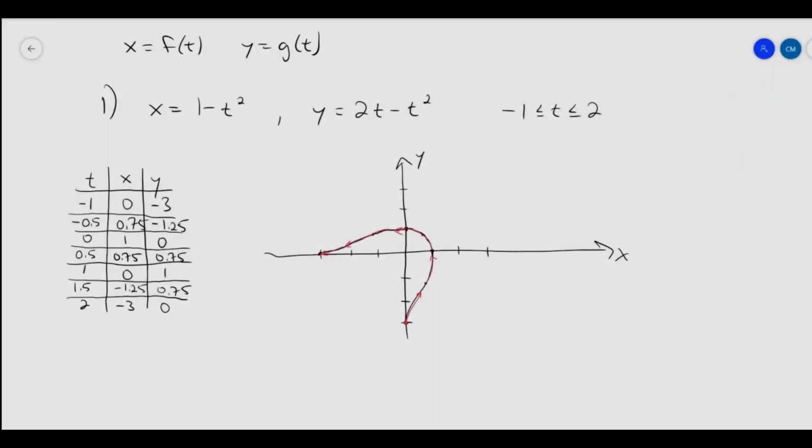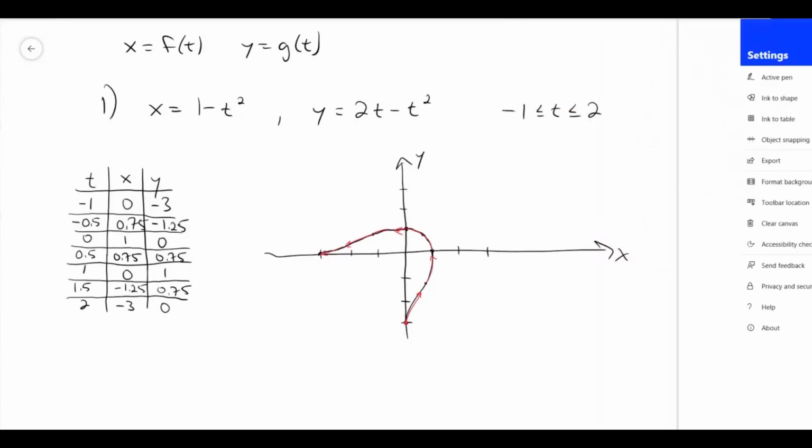This other part of the problem says we want to eliminate the parameter. So what does that mean? Okay, so eliminating the parameter, that just means that we want to get rid of the t and just put this back into its sort of normal function notation, just x's and y's. So what we'll find here is that we can actually do that.